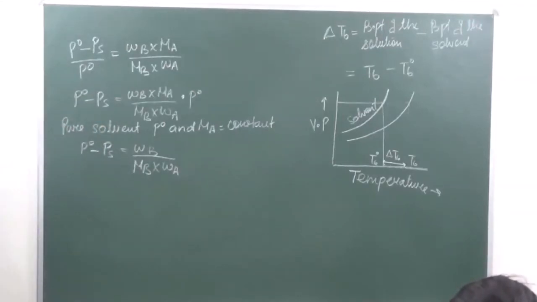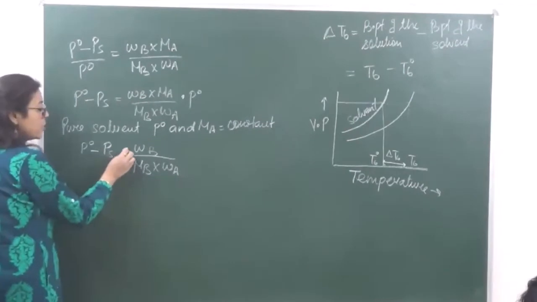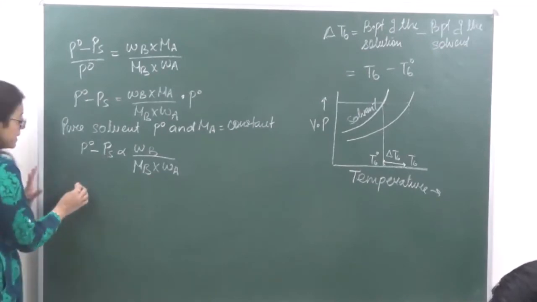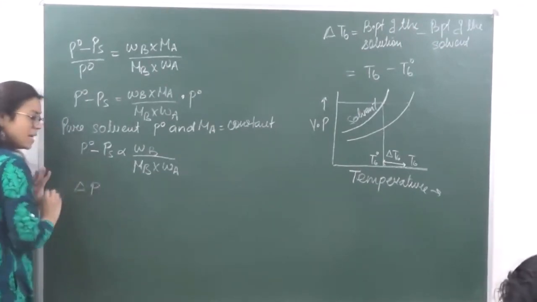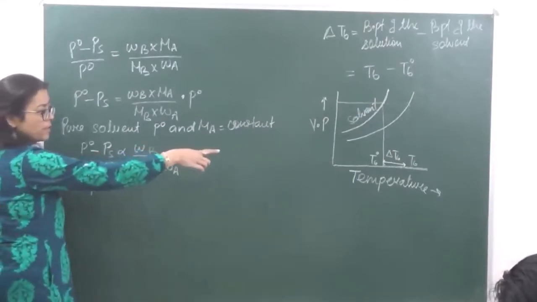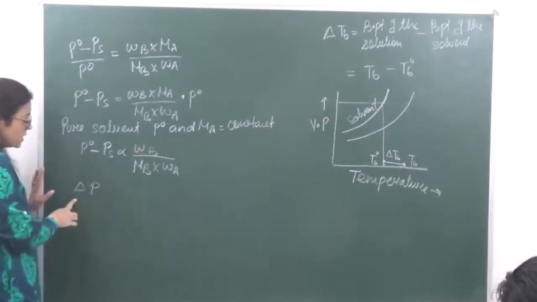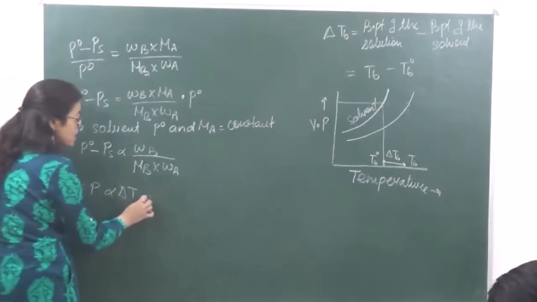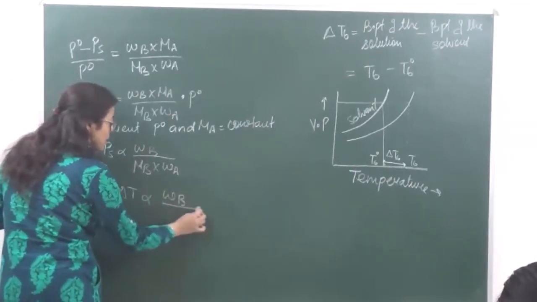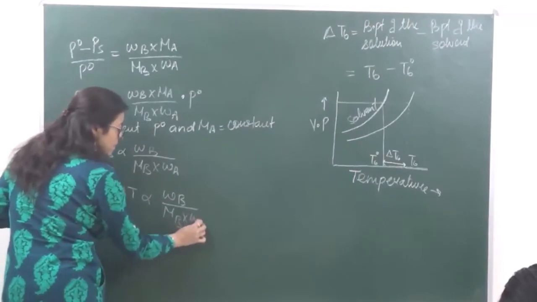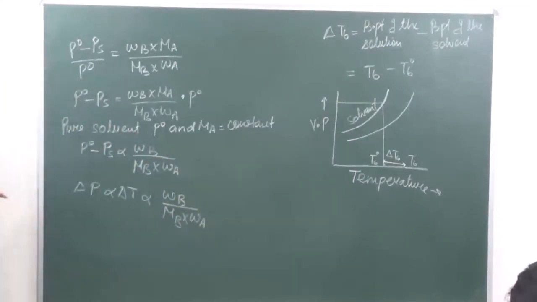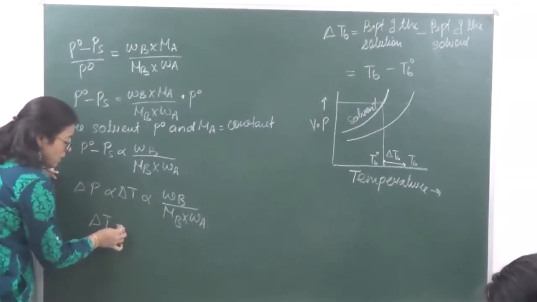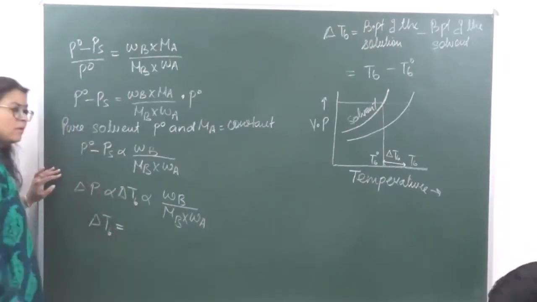Instead of putting an equal to sign, we can put a sign of proportionality. Okay, so P naught minus Ps, that is delta P, and vapor pressure we can see over here is directly proportional to temperature. So we can say that delta P is directly proportional to delta T, or is directly proportional to WB upon MB into WA. Or we can also write that delta T is equal to what? Let's say this is the boiling point, delta Tb we are taking over here.